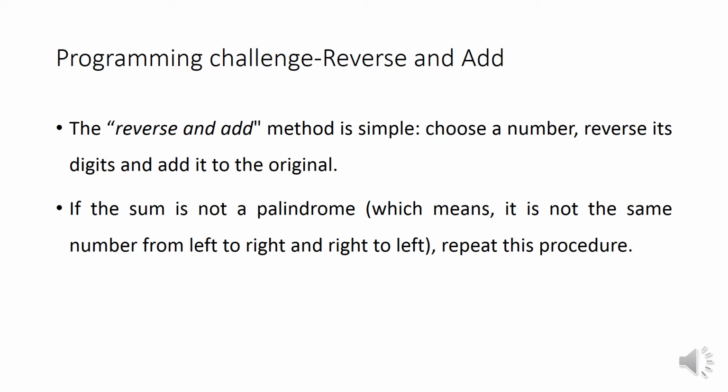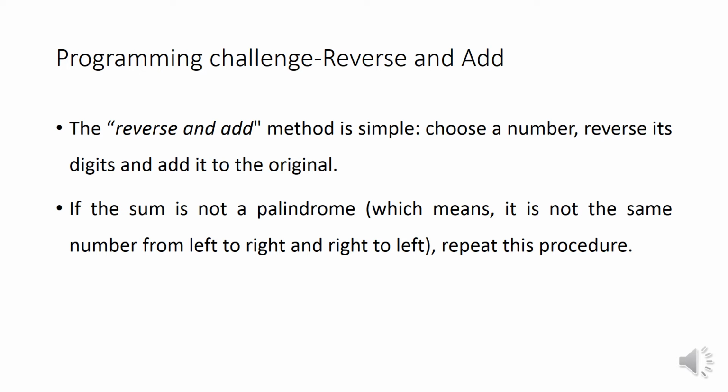So 786 plus 687: 6 plus 7 is 3 with carry, 8 plus 8 plus 1 is 7, and 14, so we get 1473. Then we reverse that number again, and we get 3741.